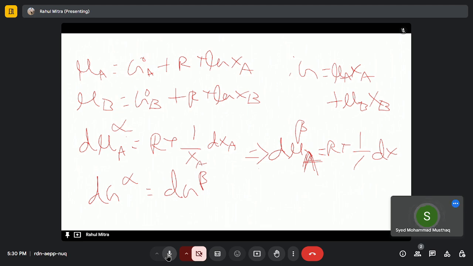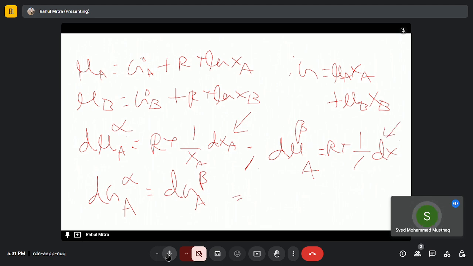So if I write for dG alpha and dG beta, then if you are talking about a single element, this is for changing chemical potential for A in alpha phase and changing chemical potential of A in beta phase.